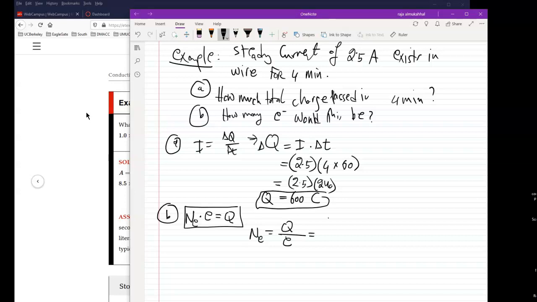The charge is 600 divided by the fundamental charge, which is 1.602 times 10 to the negative 19. We calculate that, and I have it in front of me: 3.8 times 10 to the 21 electrons. Okay, there we go. Simple.